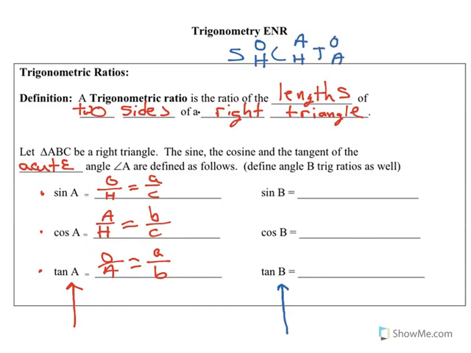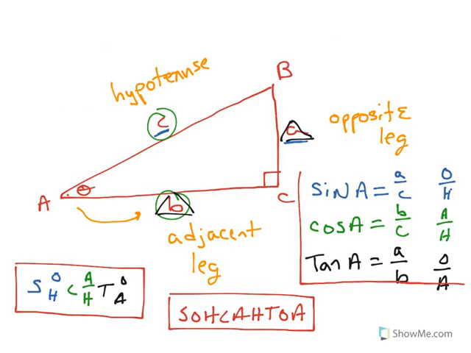We'll use the same definitions: opposite to hypotenuse, adjacent to hypotenuse, and opposite to adjacent, but we'll look at it from angle B. So if we go look at the picture that we had, we're going to be over here at angle B, so we'll call that beta.